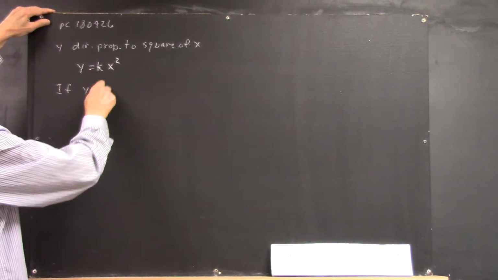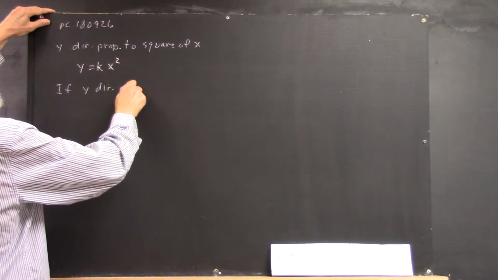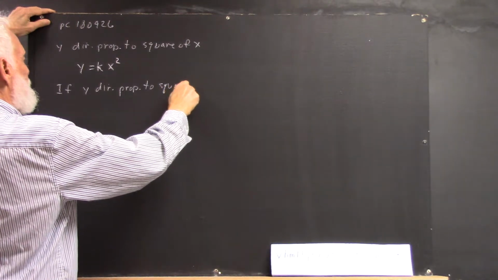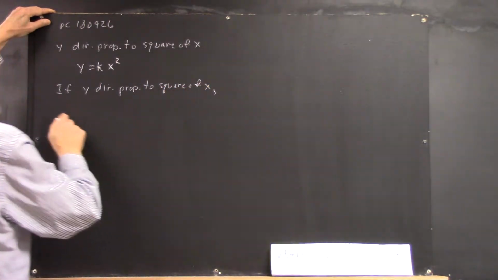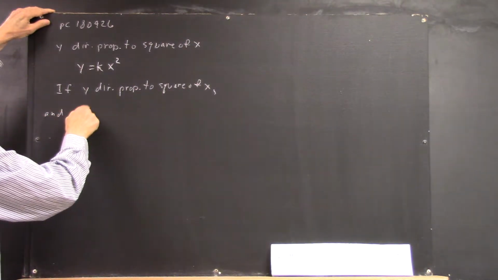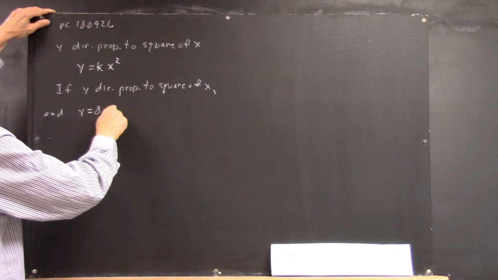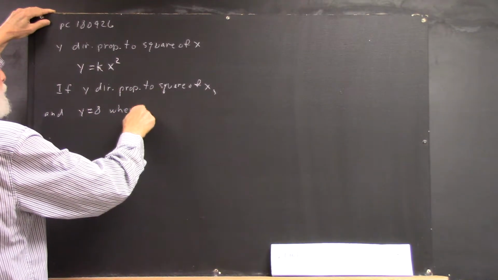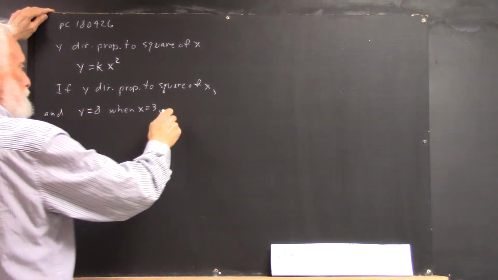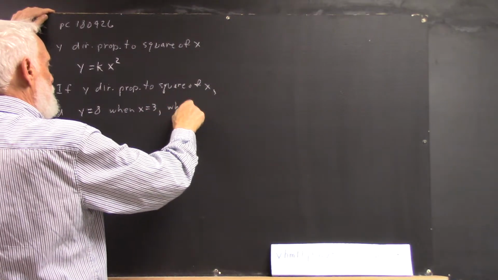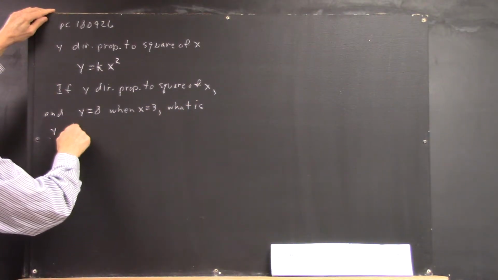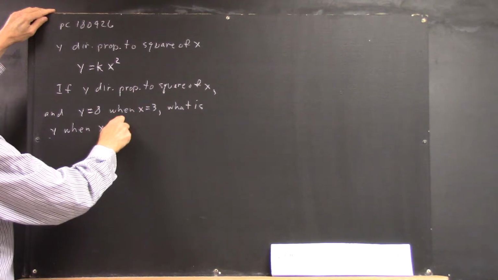So if y is directly proportional to the square of x, and y equals 8 ninths when x equals 3, then what is y when x equals 6?